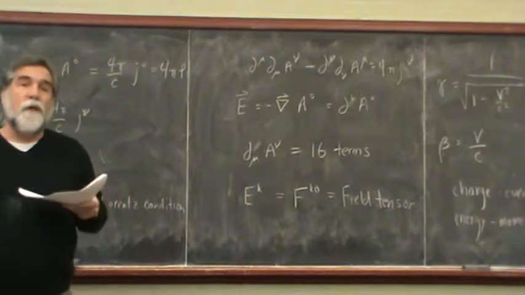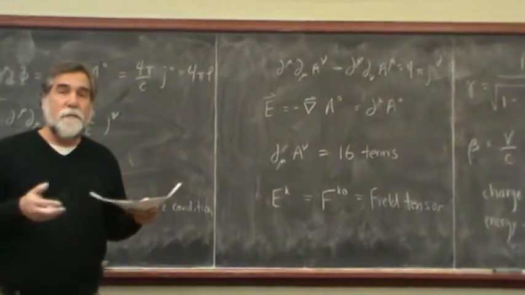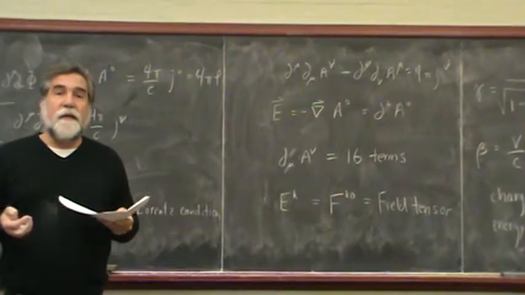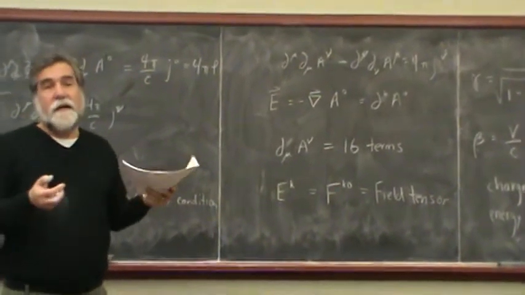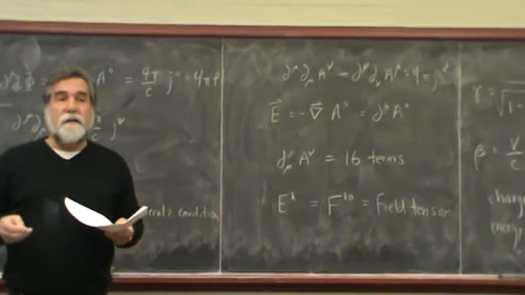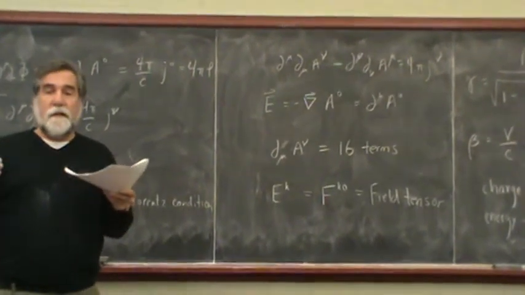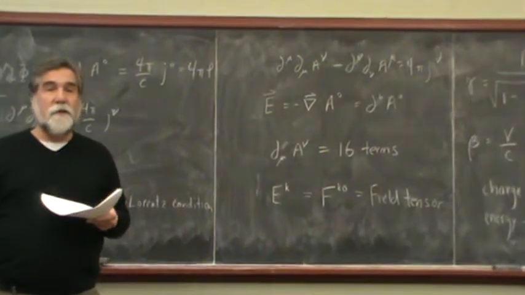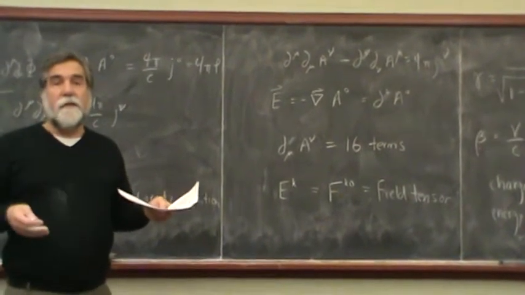So, one way to get at how things have to transform and what's got to be in here is to think about forces. I started out the discussion last class by talking about the forces on a moving charge due to a current flowing in a wire.